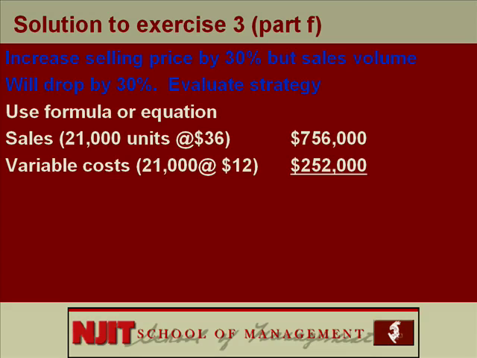Why did I say sales is 21,000 units? Because the original was 30,000. And they said if you follow this strategy, it drops by 30%. So 30,000 less 30%, which is 9,000, give you 21,000.